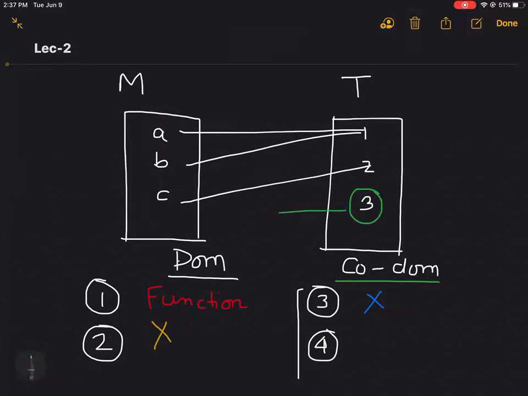As you can see, 3 has no relation with any element of the domain. If that's the case, we'll still say that this is a function, okay? We'll say this is a function, no problems with that. So that's the brief conditions for a function.